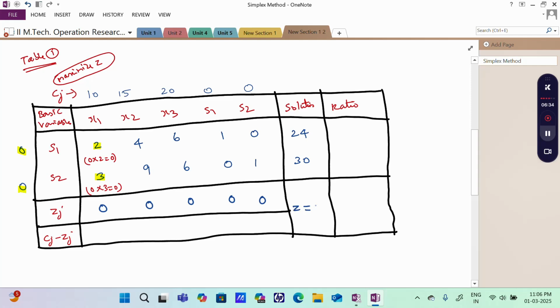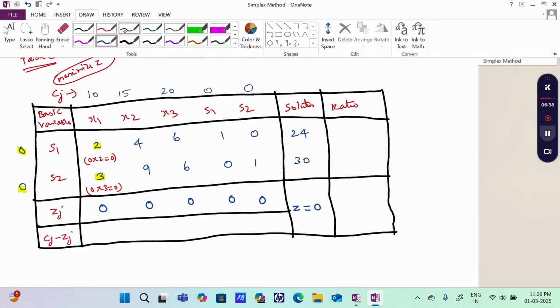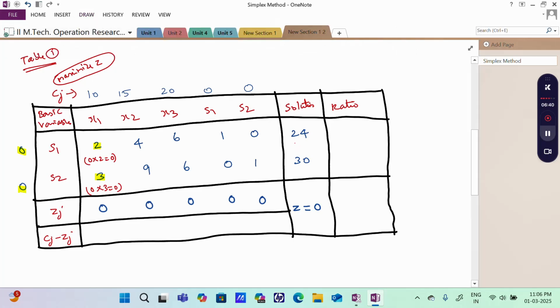The Z value is also 0, because we multiply 0 into 24, which is 0, and 0 into 30, which is 0, and adding these gives 0.